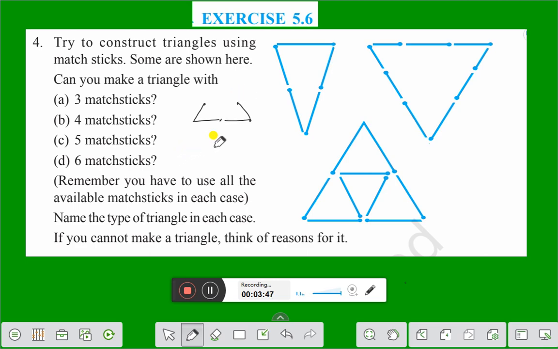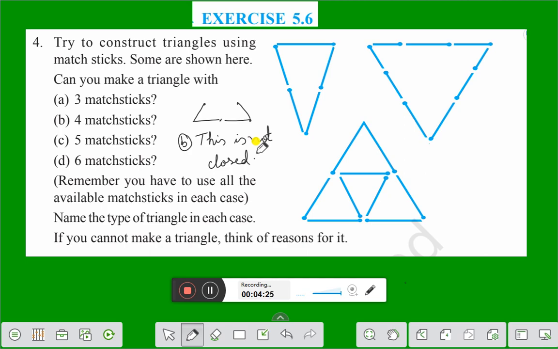That means we cannot make a triangle with 4 matchsticks.